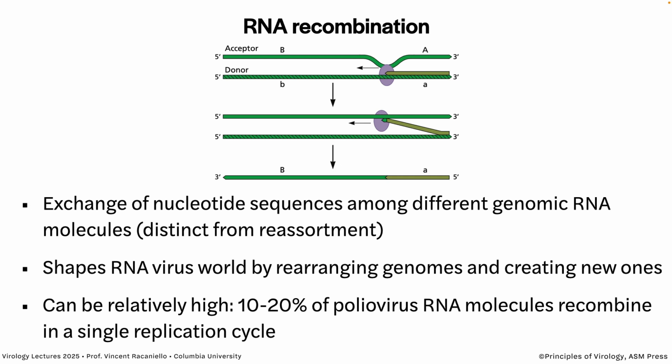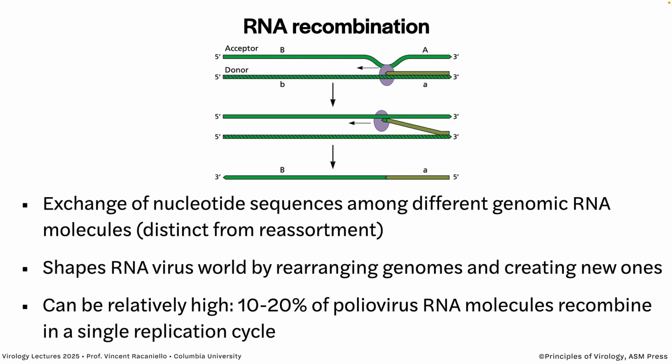And from time to time, the polymerase will start copying one RNA and then switch to another, with the result that you have a recombination event occurring. This is very, very high frequency. For poliovirus, up to 20% of RNA molecules will recombine in a single replication cycle. And this has big implications for the vaccine strains, which we will talk about later.